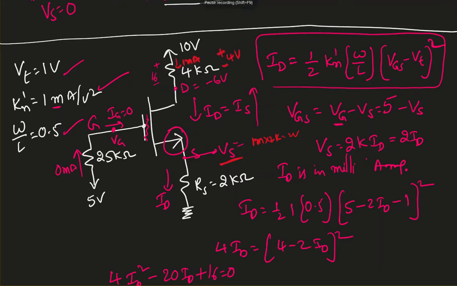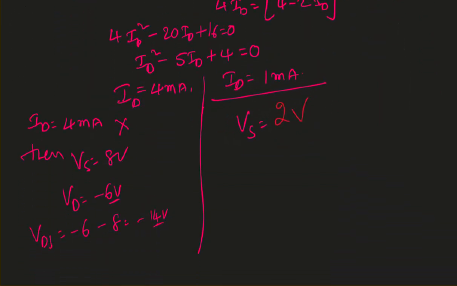So 10 minus 4, this must be positive 6 volt. So VS is 2 volt, VD is 6 volt. So I can see that VDS is 6 minus 2, 4 volt. So definitely there will be some current passing from drain to source.